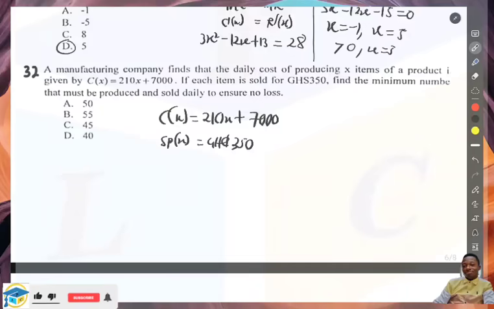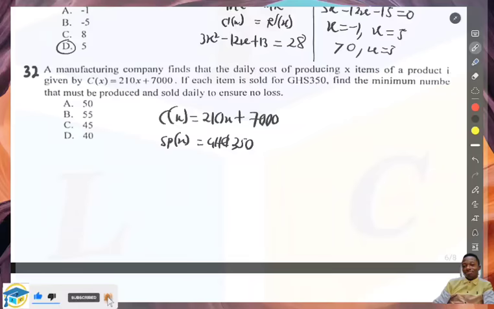So how do you break even from this concept? At the point of break even, our total revenue should be equal to our total cost. And we know that X is the quantity, or number of items.